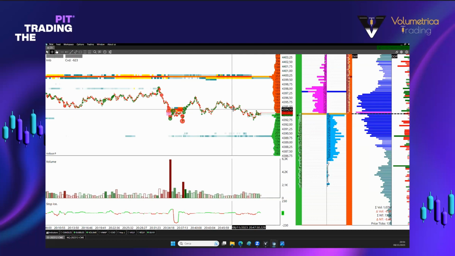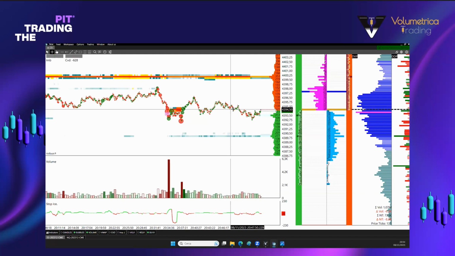Sometimes we also have additional order flow events like iceberging and stop runs as well. So we are going definitely deeper into the order flow analysis, looking at this information here.